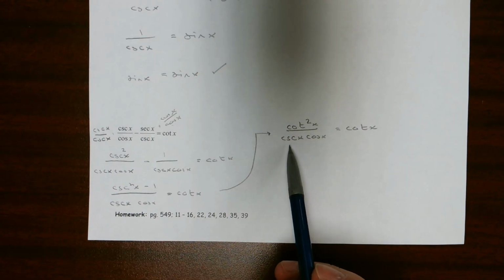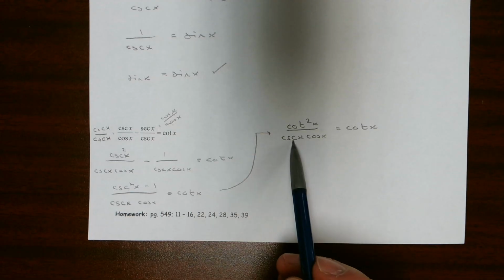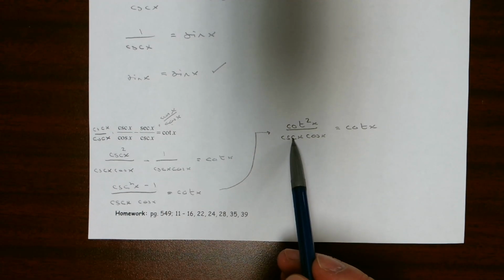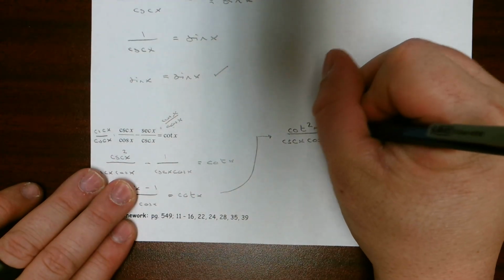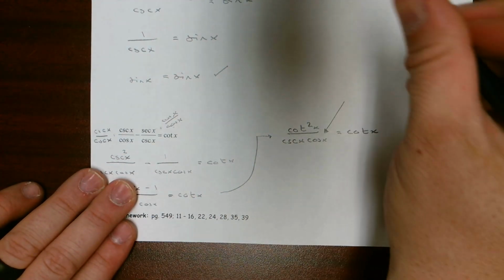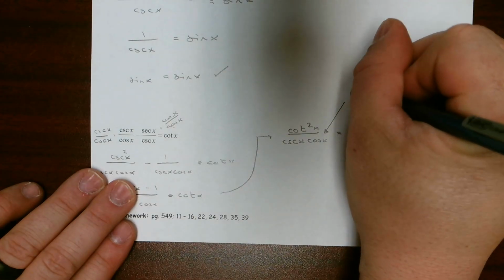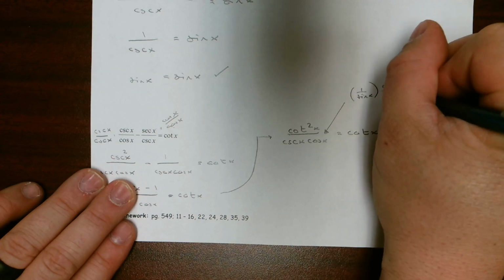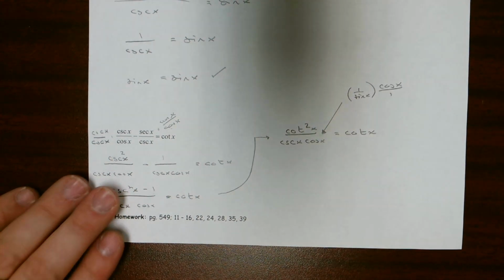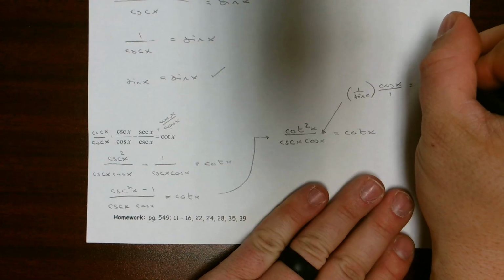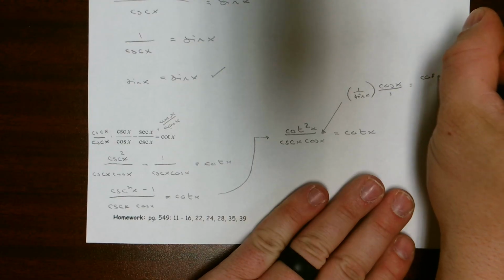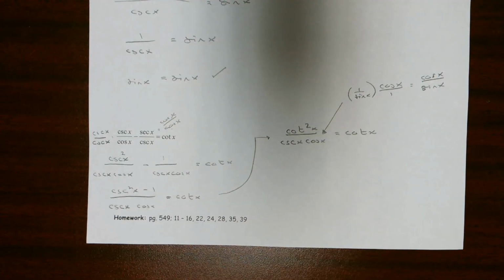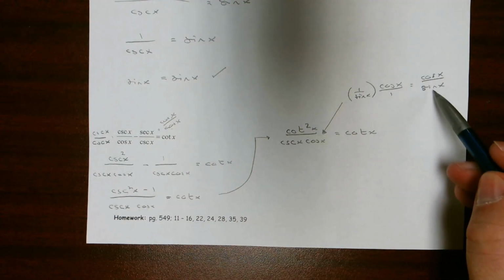Now, if I'm looking at this, cosecant times cosine, that catches my eye. I got a cotangent squared. That's almost a cotangent. Cosecant is 1 over sine. Let's just do this off in the margin here. Cosecant times cosine is really 1 over sine times cosine over 1, which is cosine over sine, which is cotangent.